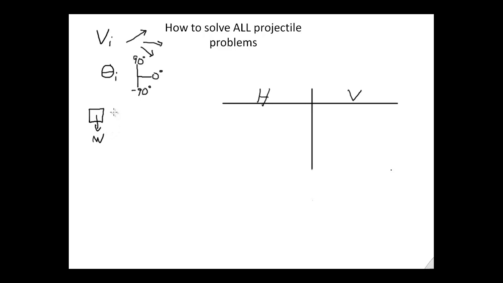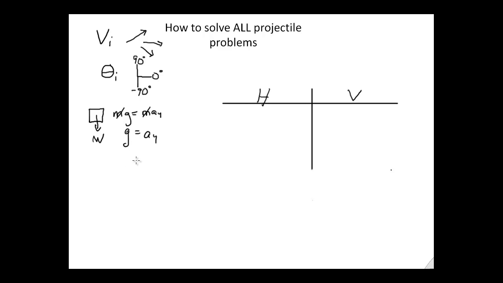And we know that weight is mg, so for every projectile, mg equals ma on the y-axis, and the mass divides away. So the acceleration on the y-axis is identical in value to g, which on the planet Earth is 9.8, and since down is negative, we'll say the acceleration due to gravity is negative 9.8.